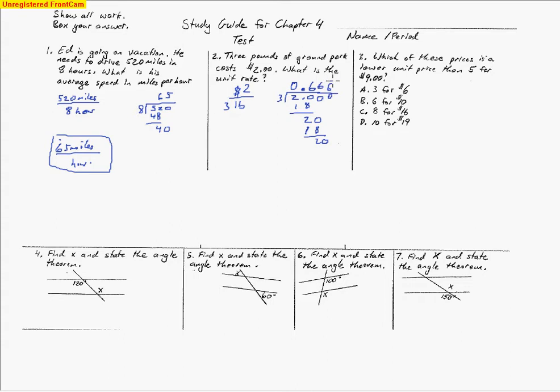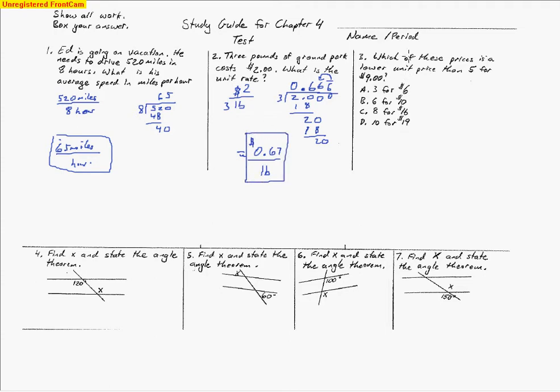So you see how that 6 is repeating. So this is $0 and 6 dimes and 6 pennies. But this 6/10 of a cent ends up rounding this up. So I'm going to say this is pretty close to 67 cents. So I'll write that as 67 hundredths of a dollar per pound, and that would be my answer.